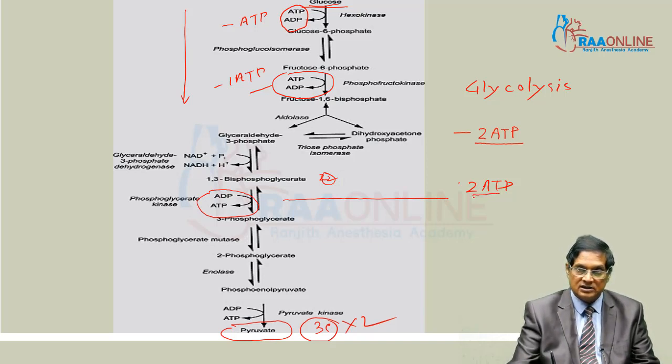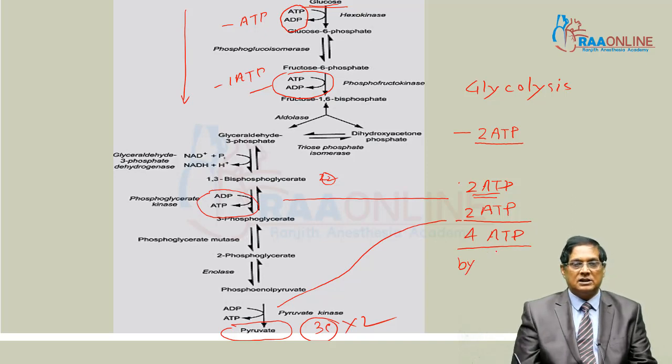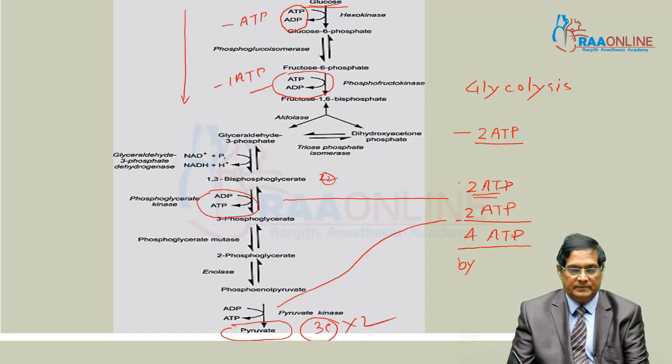Here there is a synthesis of 2 ATP, same as in the last step, where 2 ATPs are formed. So a total of 4 ATPs are formed by substrate phosphorylation.